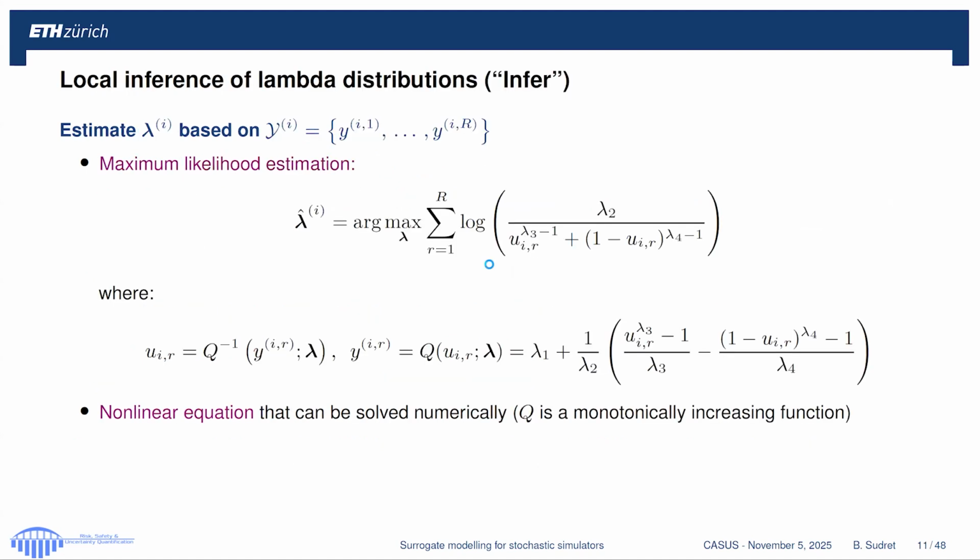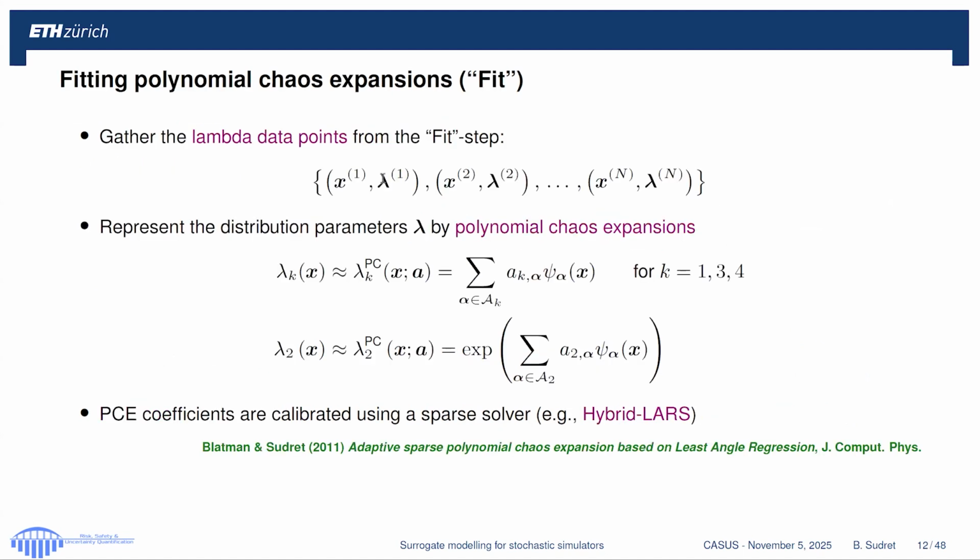First of all, we use maximum likelihood estimation for each point to get lambda 1, 2, 3, 4 for a particular point, and then with this gathered data, we can fit any surrogate. In that case, we fit a so-called polynomial chaos expansion. That's just a link between the lambdas and the x's through a series of orthogonal polynomials.